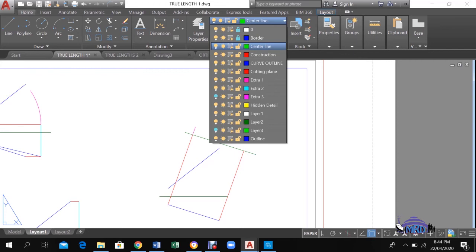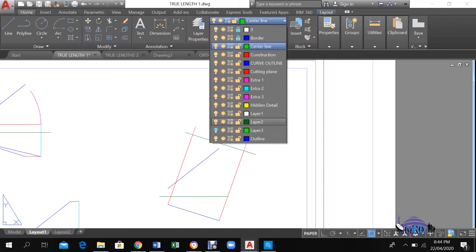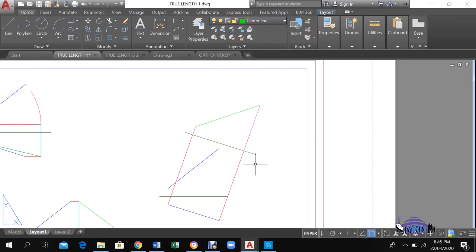So you can now put in that line as well, and the construction now starts to look like this. Your true length then will be equal to this line coming inside here. From this point to this point would represent your true length. So if I drop that in for you now, then this is what your true length looks like. This method is referred to as the auxiliary method.